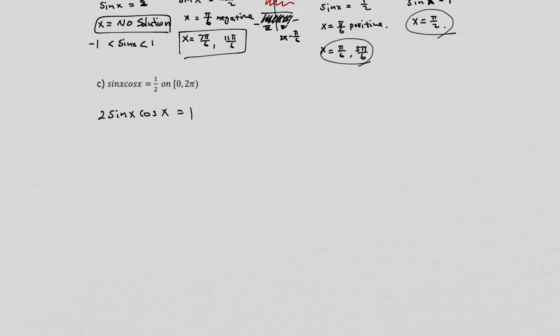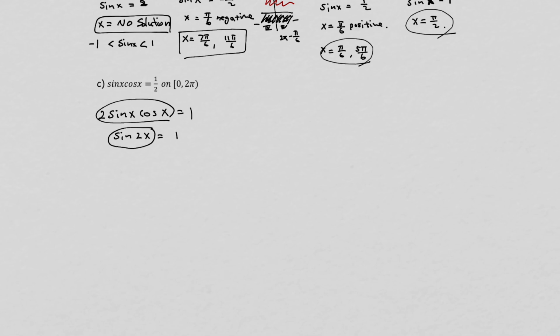The reason I did that is because this is very familiar. What kind of formula do you see this in? Double angle formula. This is one of the double angle formulas. And that equals sine 2x equals 1. So this double angle formula becomes this, right?